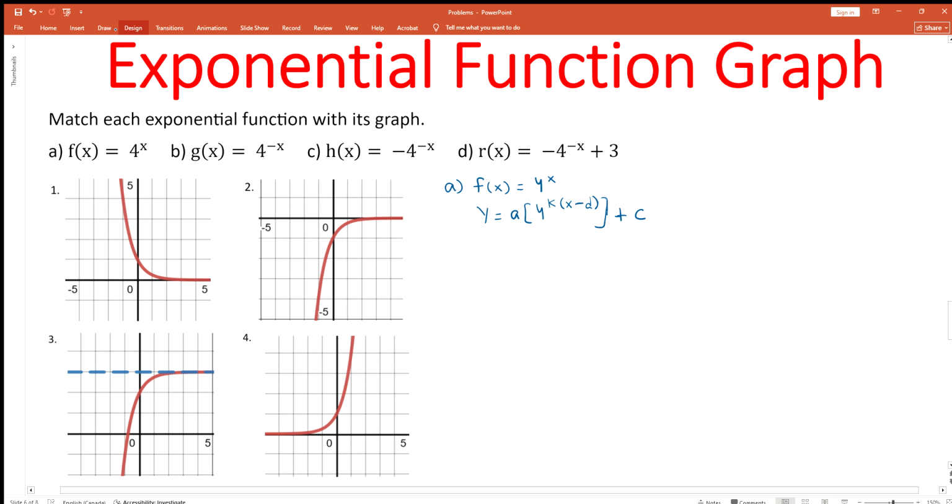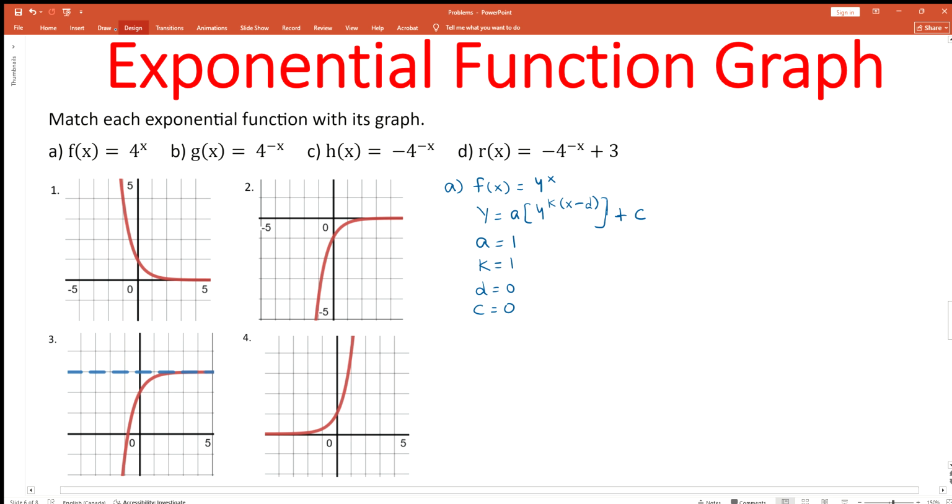If we compare this general equation with the given function equation f(x), we can see that a is equal to 1, k is equal to 1, d is equal to 0, and c is equal to 0. That's why the given function f(x) represents the base or the parent function.